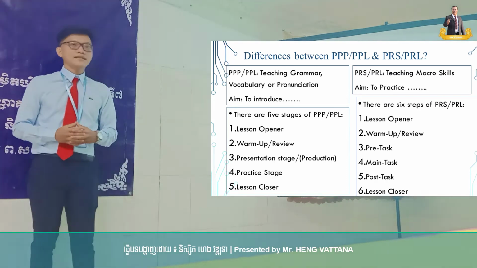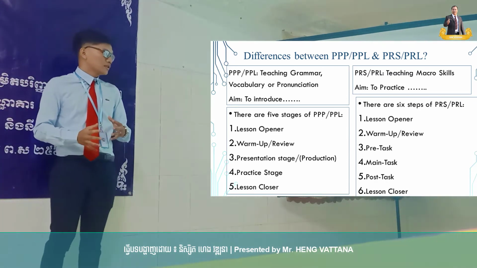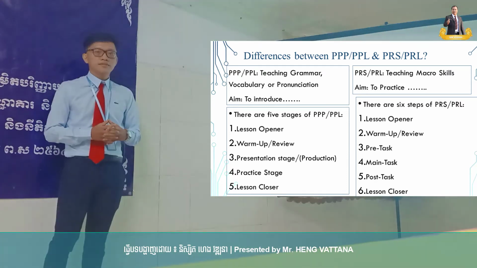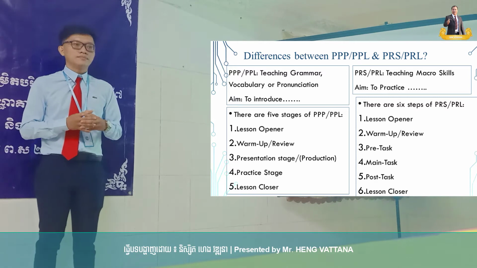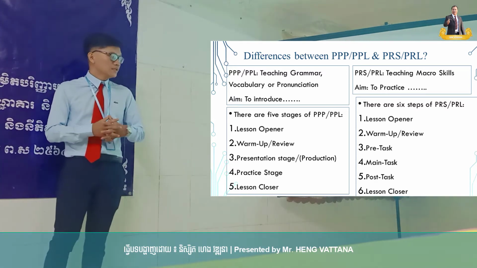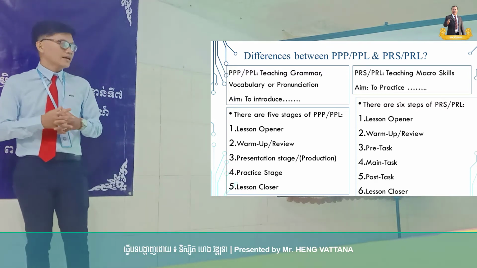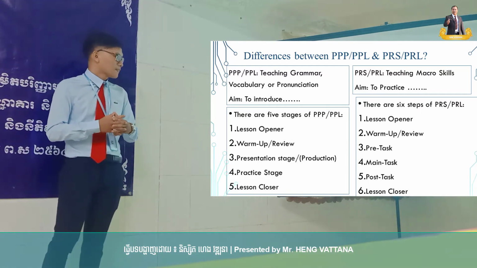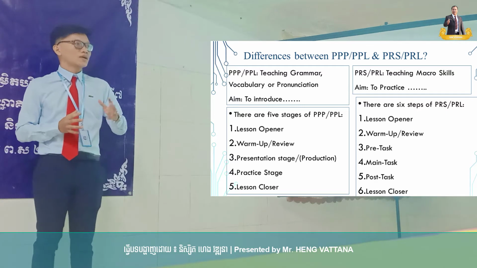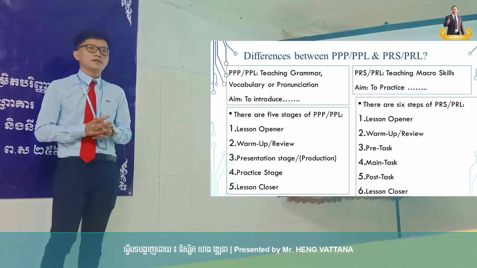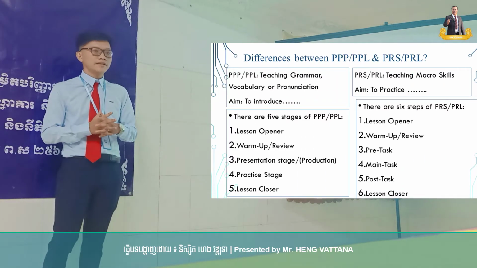The main task refers to the teacher letting the students work in pairs or do exercises related to the skill. For example, they will choose one of the 4 macro skills: reading, writing, listening, or speaking, to teach their students.